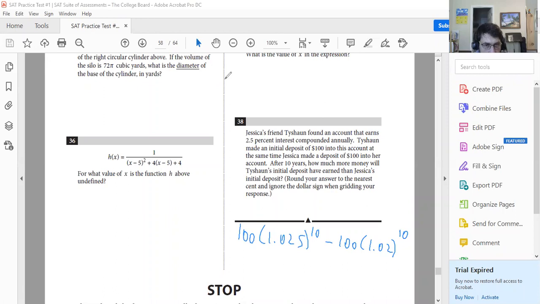Let's use, hopefully this first one works, Desmos. I think I've heard of that before. So if we do 100 times 1.025 raised to the 10, where's our caret button?